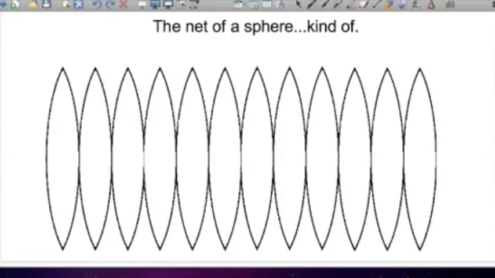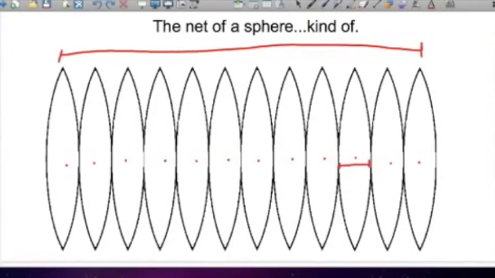So the closest you can make is a net that looks something like this, where you have 1, 2, 3, 4, 5, 6, 7, 8, 9, 10, 11, 12 different figures cut out, and the measurements are going to depend on what you are looking for in terms of the size of your sphere. That's pretty much all we have to go on.